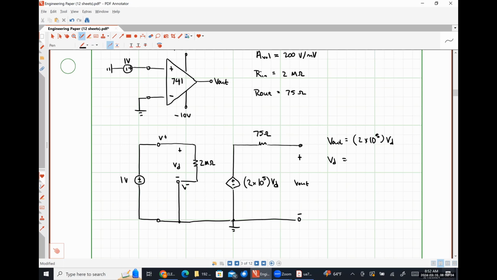So VD is literally just the 1 volt that we are applying between the input terminals. So now I want a numerical answer for what V out is. Yes, so 200,000 volts.